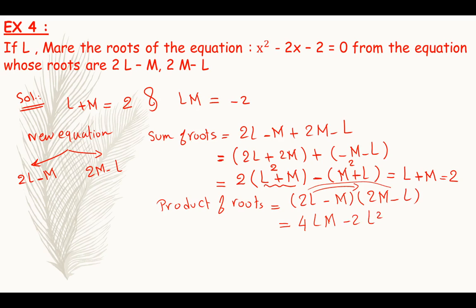Negative M times 2M, it will be equal to negative 2M squared. Negative M times negative L, it will be positive LM.